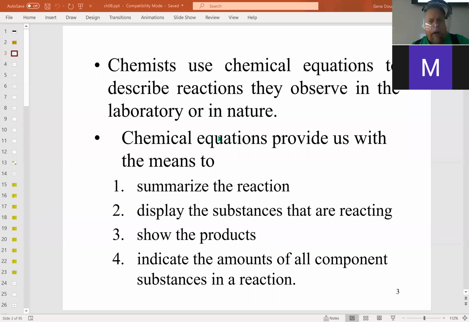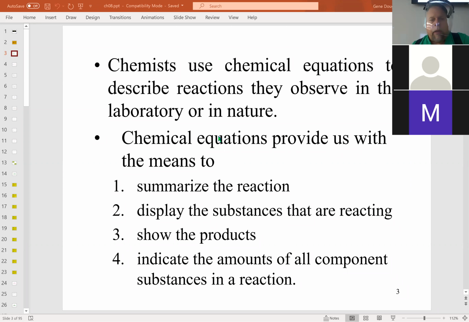Can you see the PowerPoint there? Yes. Wonderful. What I'm going to do now is go through the slides. I'm not going to write on much, but this is chapter 8 in Hein. Chapter 7 is more basic stuff for the material we covered a little earlier.